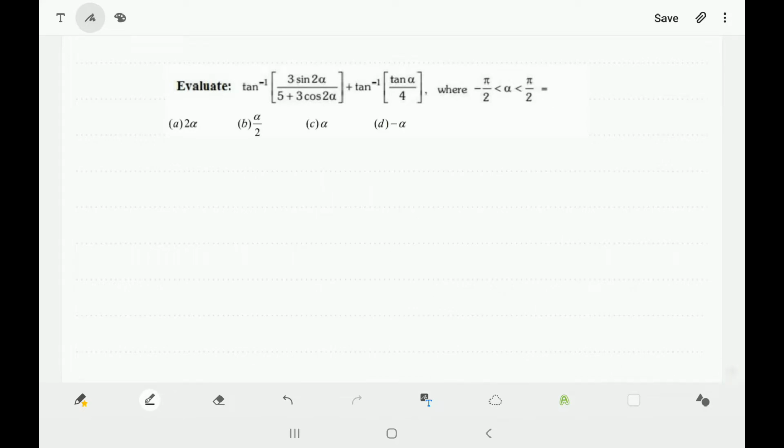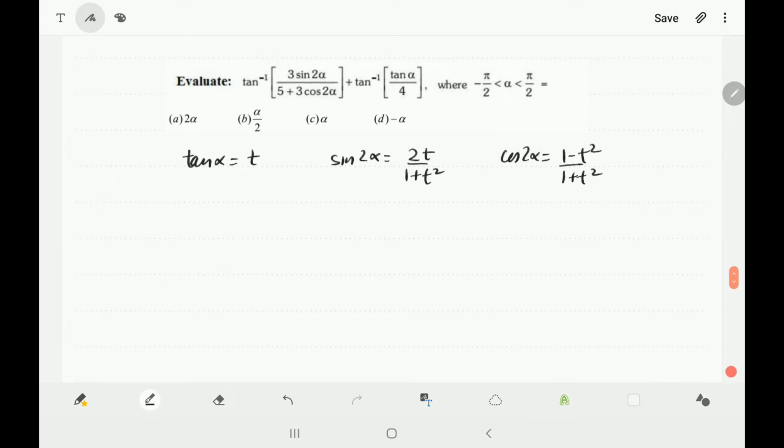In this problem we have to evaluate this expression where alpha is from minus pi by 2 to pi by 2. So let's consider tan alpha is equal to t here. If tan alpha is equal to t, we can write sine 2 alpha as 2t upon 1 plus t square, and cos 2 alpha as 1 minus t square upon 1 plus t square.